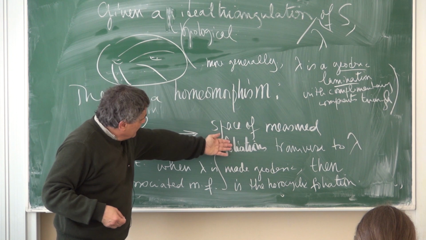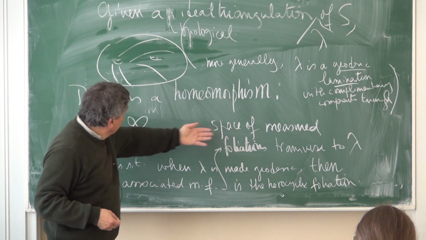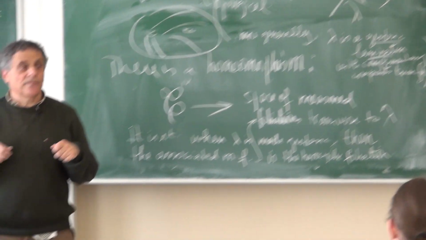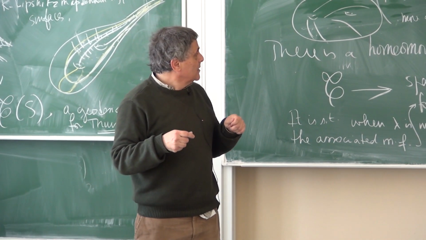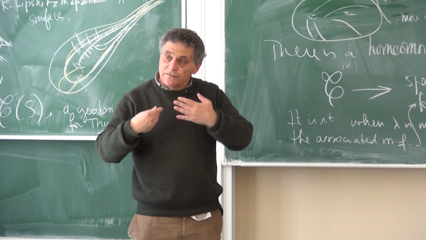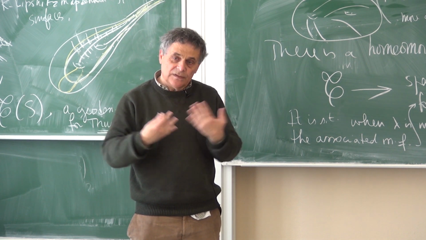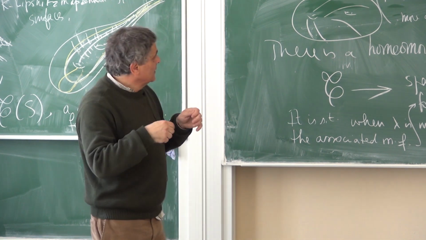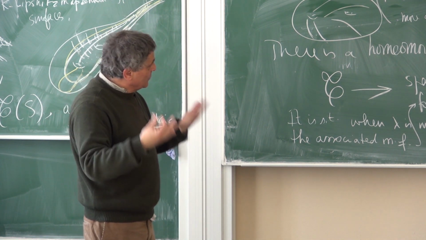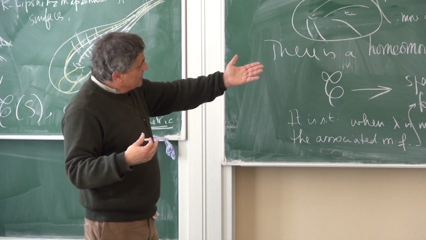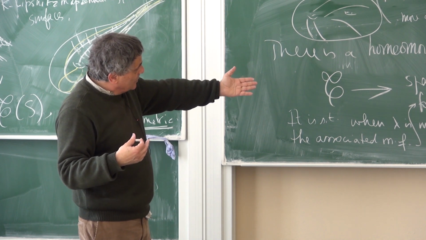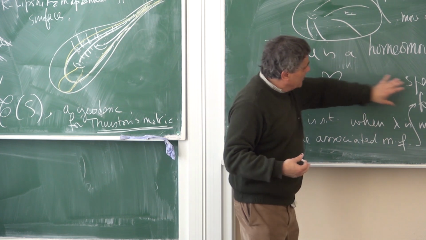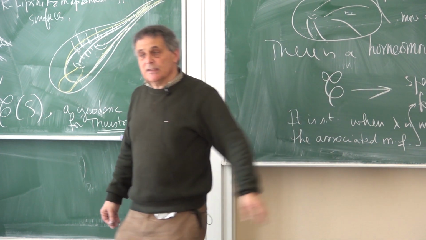And then I can define in each ideal triangle my measured foliation. These measured foliations in ideal triangles fit well together. They are perpendicular to the lamination, and then they give you a measured foliation on the surface. And this correspondence is one-to-one.